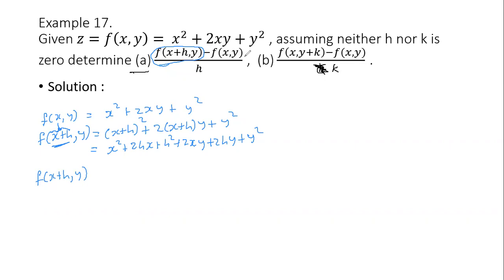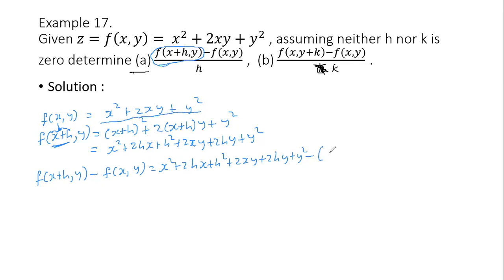That means the numerator, the whole top part of part A, is x square plus 2hx plus h square plus 2xy plus 2hy plus y square, minus f of x comma y, which is the given equation.